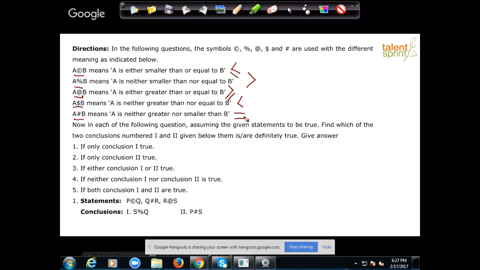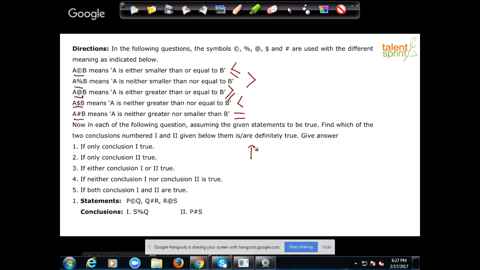Now that we have decoded each of these symbols, let us say what our given statements here say, boys and girls. Let's look at the first statement. The first statement says P copyright Q. Now we know that copyright stands for smaller than, equal to, less than, equal to.